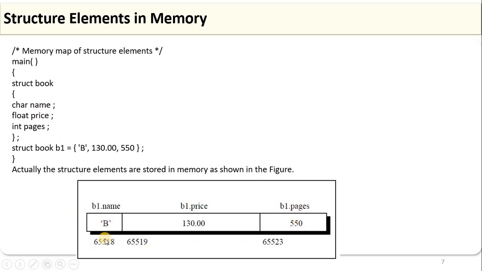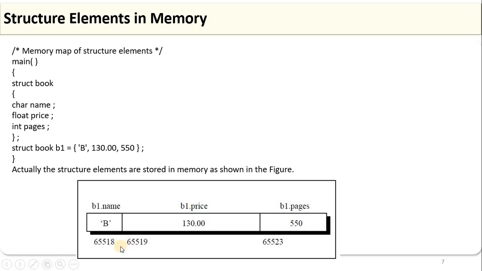Since character is 1 byte, let's say it's stored at 65,518. b1.name, that is b, is stored in the memory location 65,518. It occupies 1 byte of memory. Next is float. Float occupies 4 bytes.